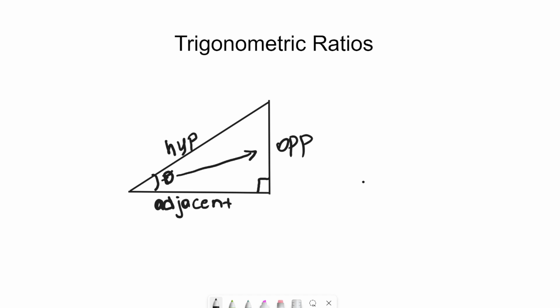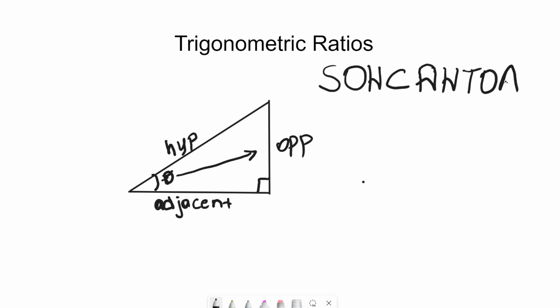Now, we have this acronym that we use to talk about the trigonometric ratios: SOHCAHTOA. SOHCAHTOA helps us to understand the trig ratios in that S represents sine.